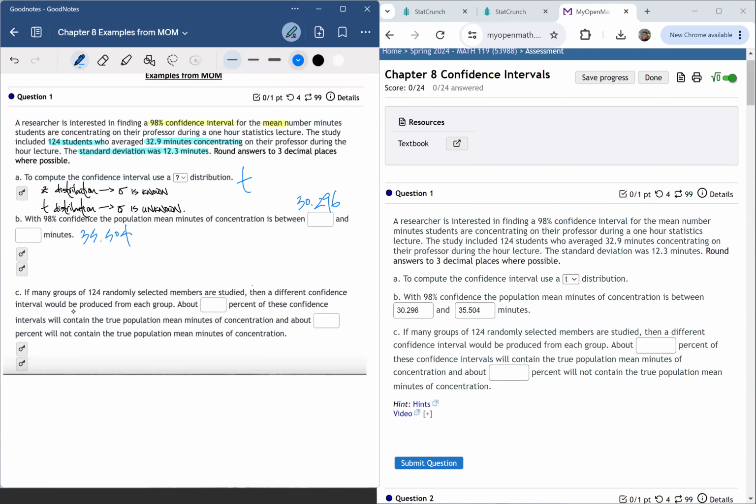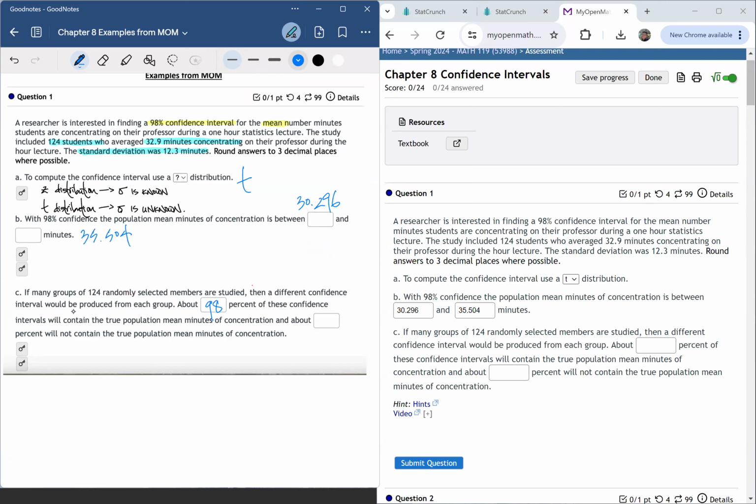Part C. If many groups of 124 randomly selected members are studied, then a different confidence interval would be produced for each group. And because we're looking at a 98% confidence interval, we say that 98% of these confidence intervals will contain the true population mean minutes of concentration.